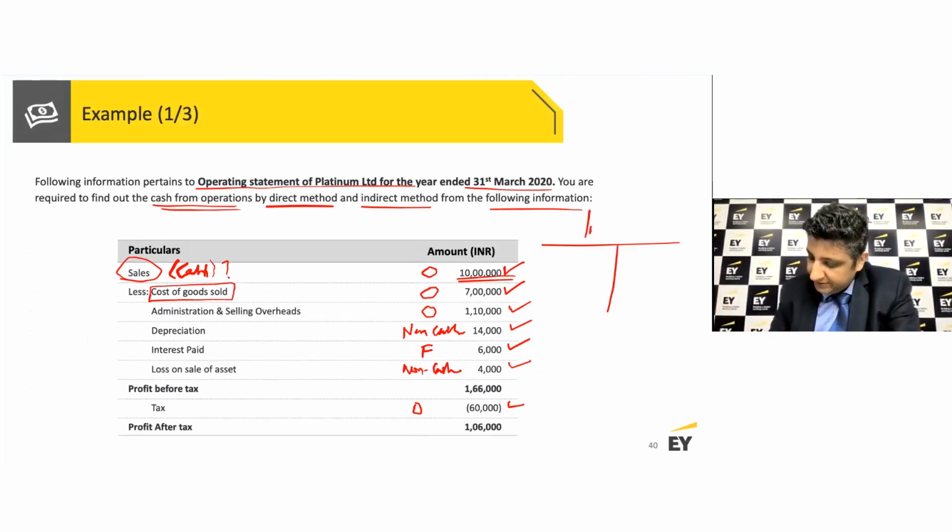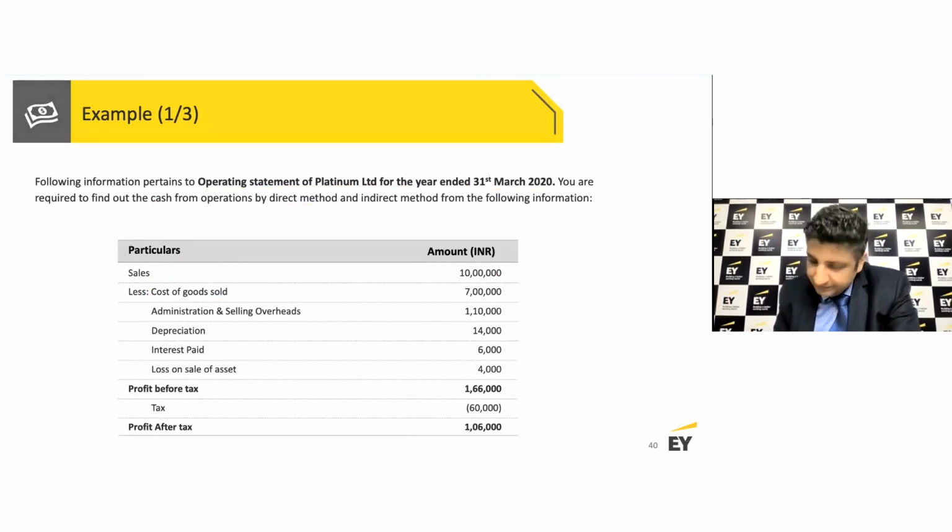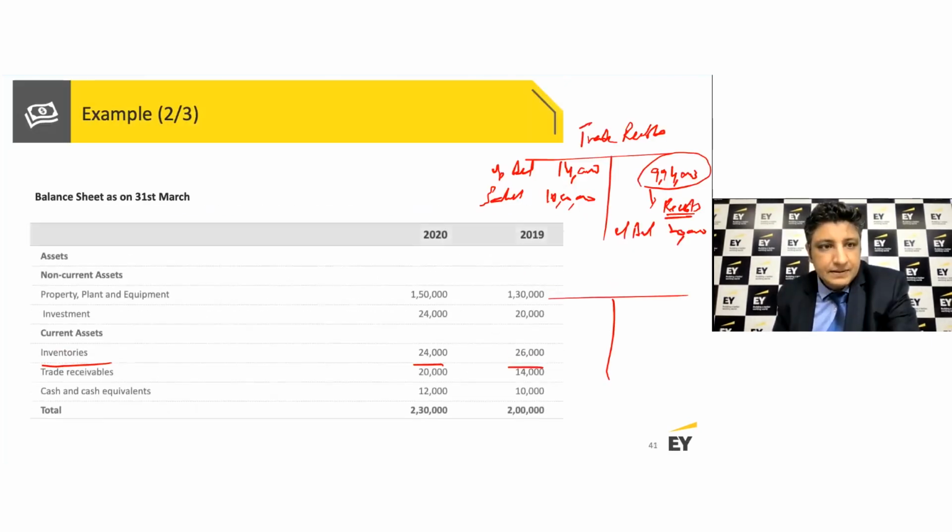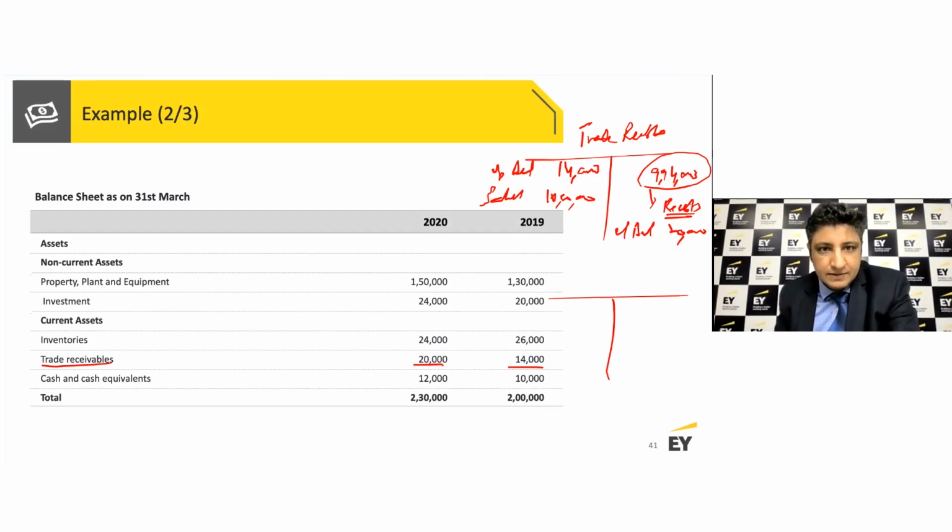Let's take the inventories now. My inventories opening balance is 26,000, and the closing balance is 24,000.